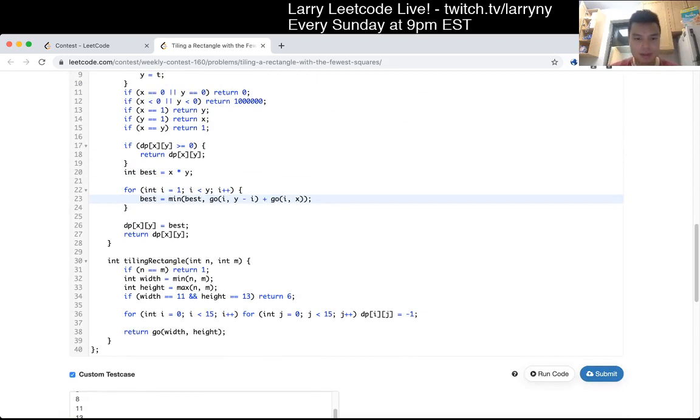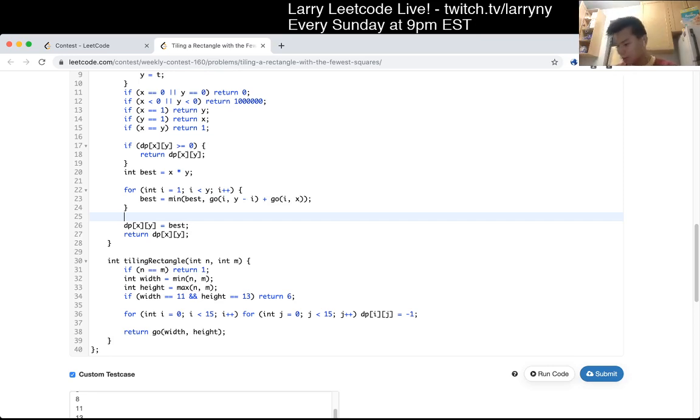Okay, so in this case we have 7 by 6, which we put actually into 6 by 4 and 6 by 3.